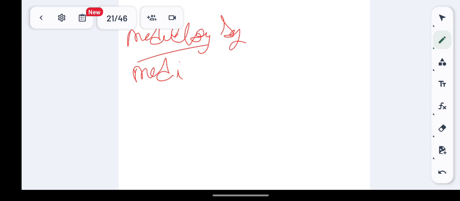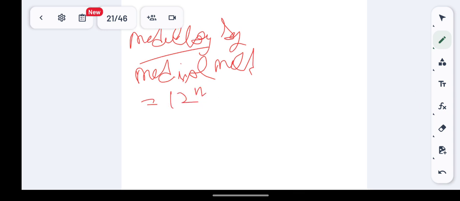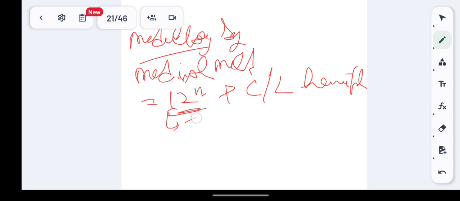Medial medullary: the 12th nerve comes in the middle, on the medial side, plus our evergreen contralateral hemiplegia. The 12th nerve supplies the tongue, so tongue paralysis means genioglossus is involved.